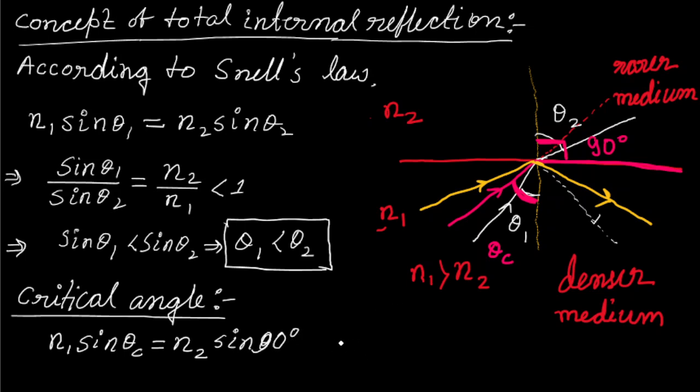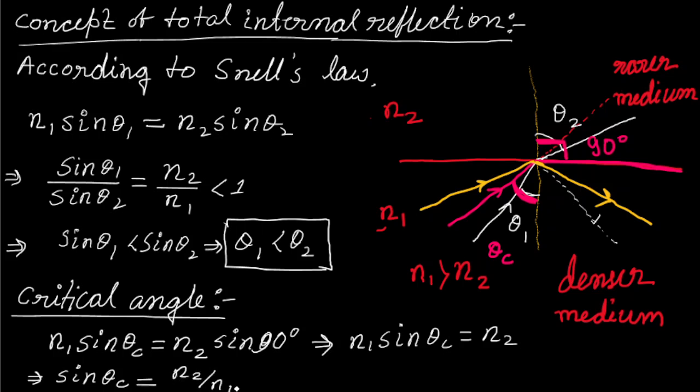Sine 90 degrees is 1. So we'll get N1 sine theta c equals N2. From there we can write sine theta c, that is the sine of the critical angle, will be N2 by N1.